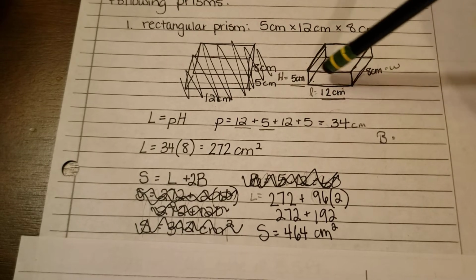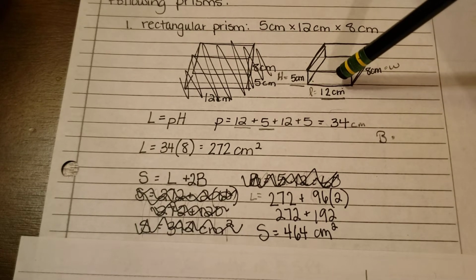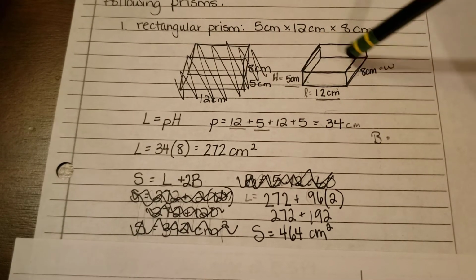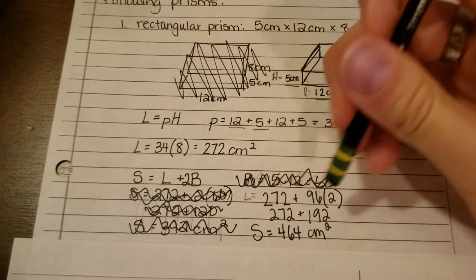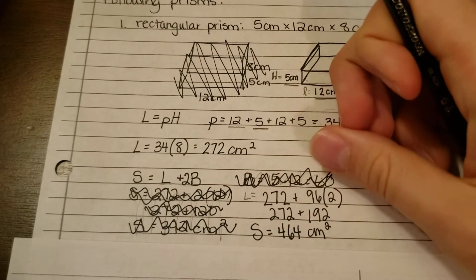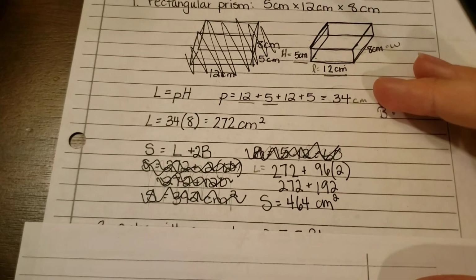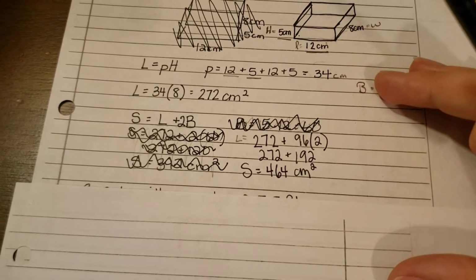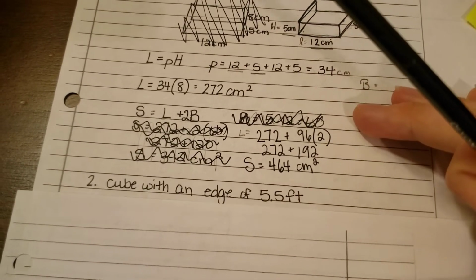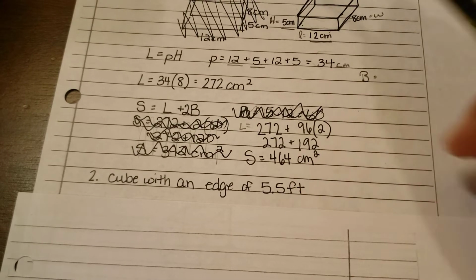Okay, so 34 times, so yep, 5 times 12. Okay. So we've got all of our math. Now, let's move on with a different example because this one's just messy, messy, messy.